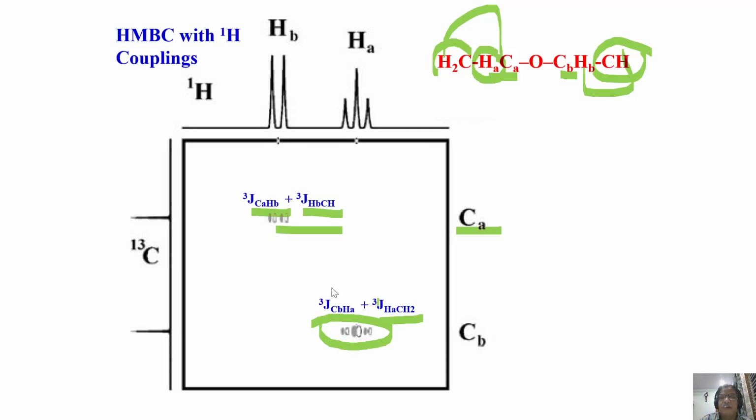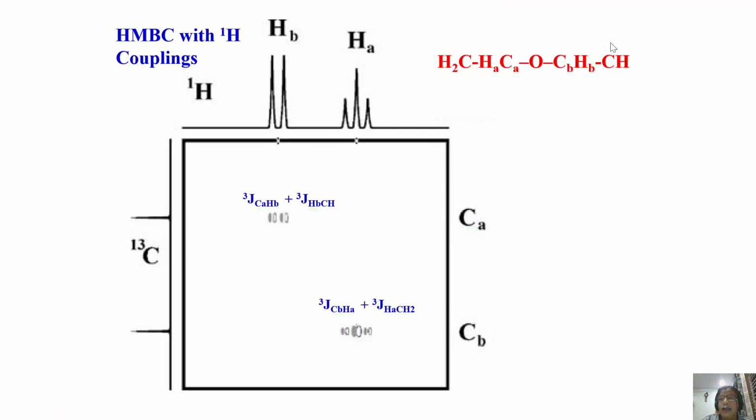In a small molecule, without these additional extra groups, we only saw this fragment. In the coupled HSQC, we are going to see a doublet at the site of this carbon because of this coupling, doublet at the site of this carbon because of this proton in the direct dimension. And the carbon 13 dimension gave me chemical shift of each of them. In the HMBC, at the site of carbon A, we got the correlation to proton B. Okay. And at the site of carbon B, we got the correlation to proton A. Now in the next 2 examples, we lengthen the molecule with this and this.